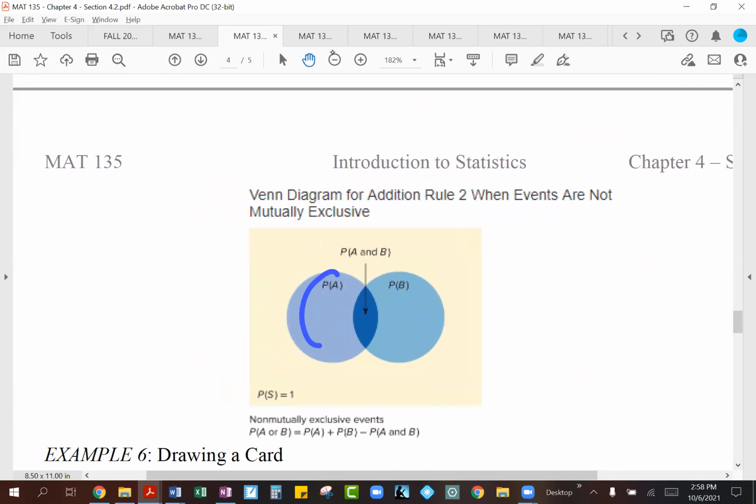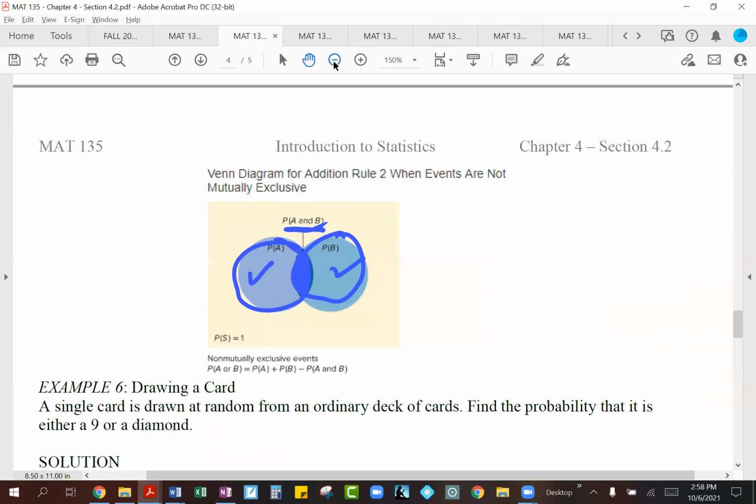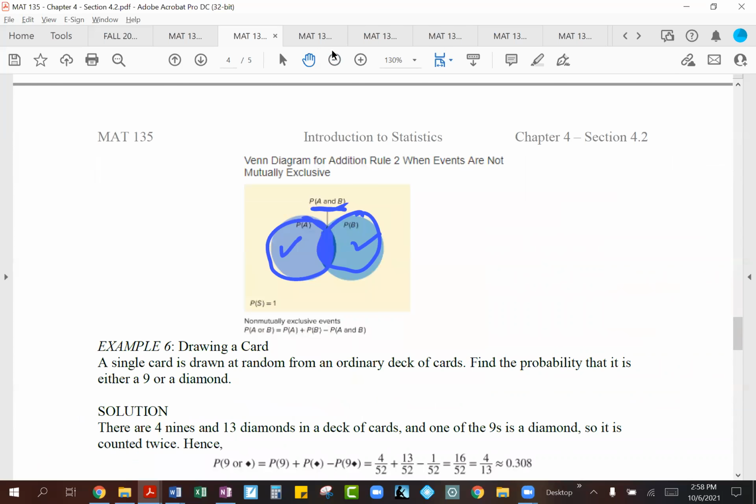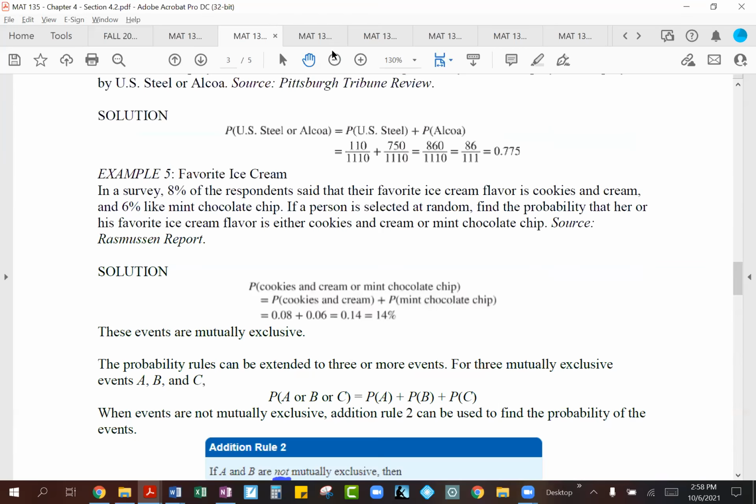So we take the probability of A, which is the entire circle, take the probability of B and add them together. But because this portion is getting counted with both A and B, you're actually counting this twice. So that's why we subtract it, to count it only once. So that's what your addition rule looks like when your events are not mutually exclusive.